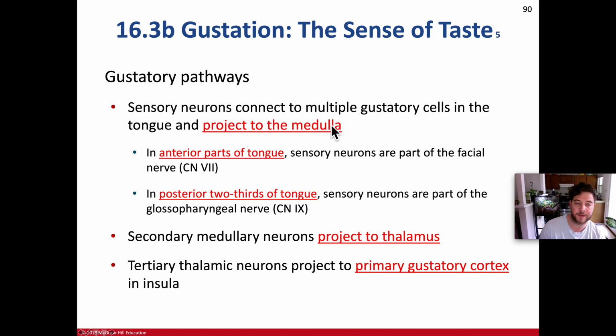So you have these first ones going from the gustatory cells to the medulla, where they synapse with different cranial nerves. Your secondary medullary neurons go then to the thalamus. The tertiary thalamic neurons project to the primary gustatory cortex and the insula, deep to the temporal lobe. So you're going from your tongue through your cranial nerves into your actual cerebral lobe.